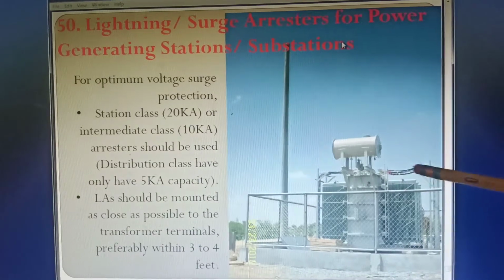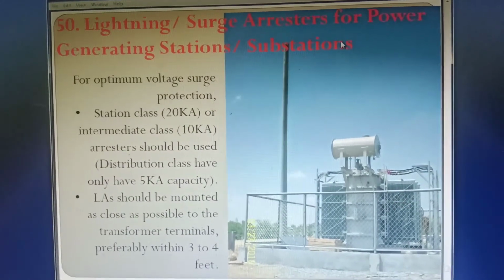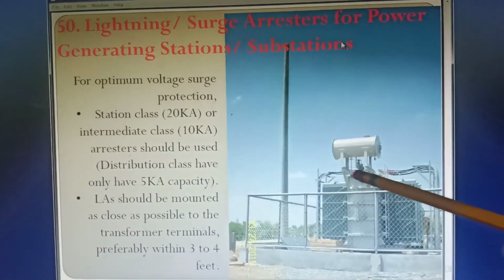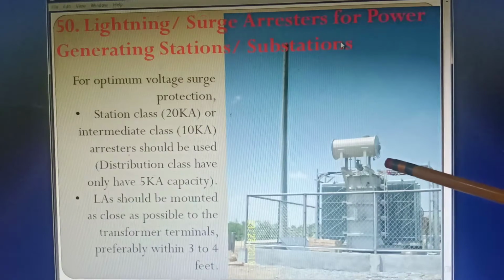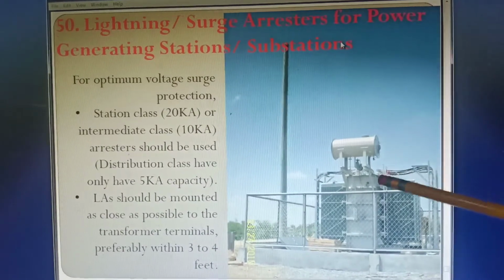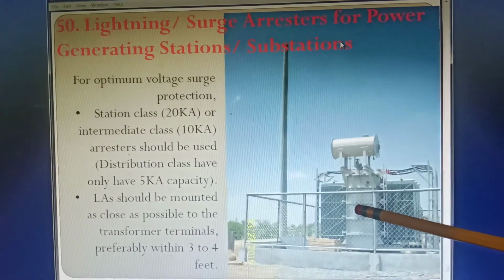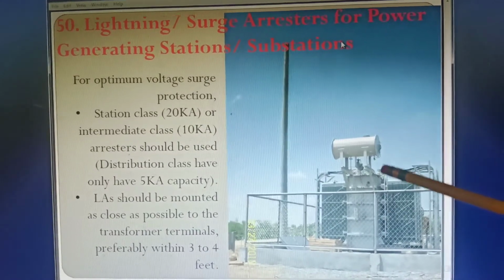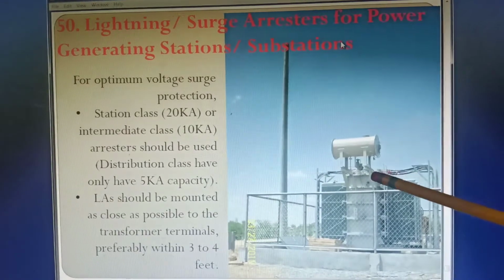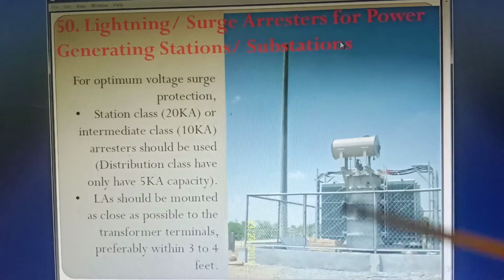Most possibly the arrester has been installed in the substation frame structure. But the best way to provide surge or lightning protection to a transformer or to a device or equipment is to install it within 3 to 4 meters away from the terminals, or as close as possible to the terminals or to the winding of the transformer.